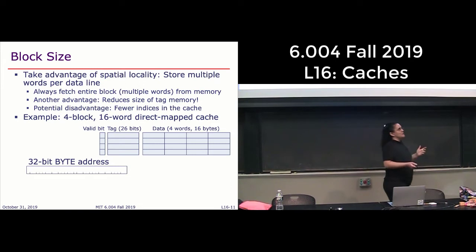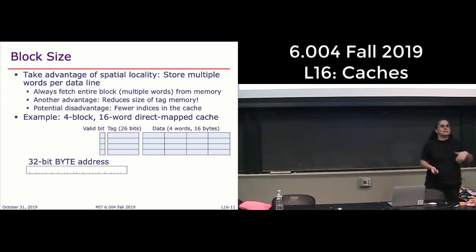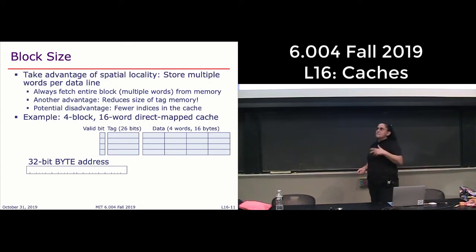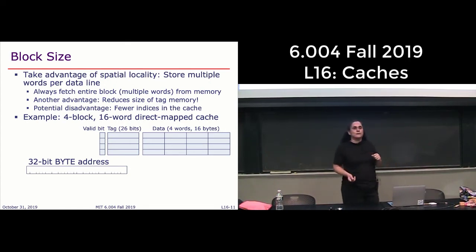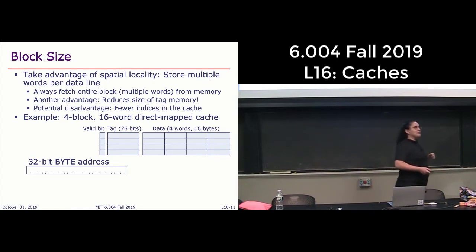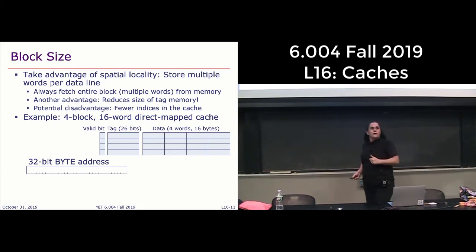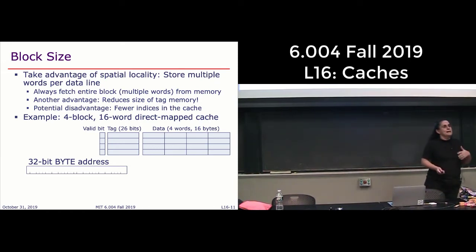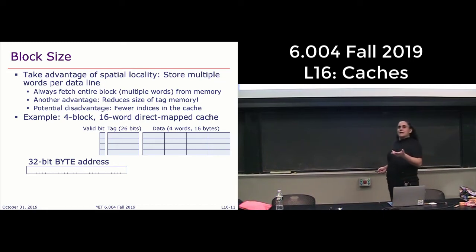Because suppose that I try to fetch address 0x100 and I got a miss. Well, if at the same time as I bring 0x100 from my main memory, I also bring 0x104, 108, and 10C, then if I now request address 104 or 108, which I'm likely to request because of spatial locality, I'm going to get a hit.